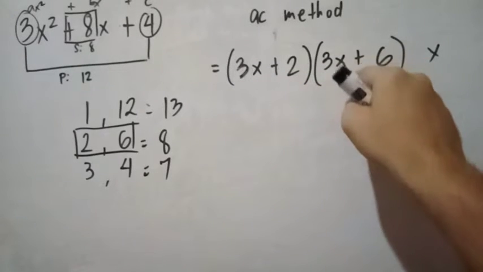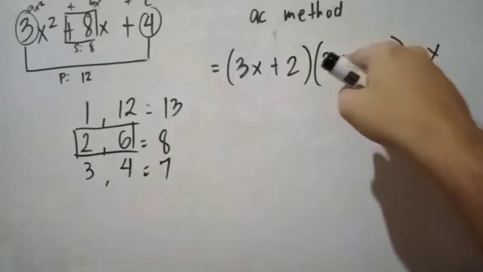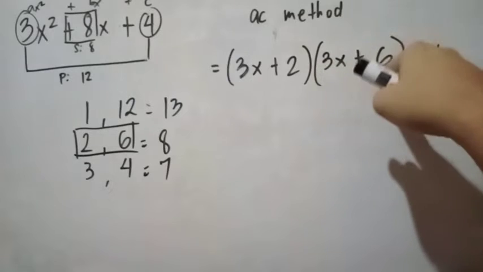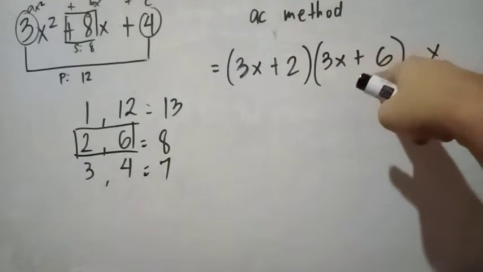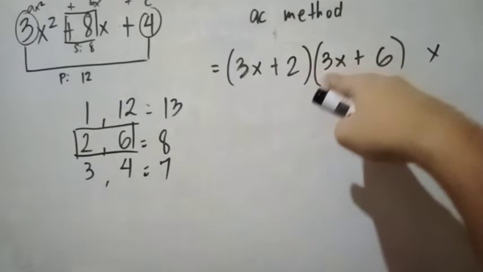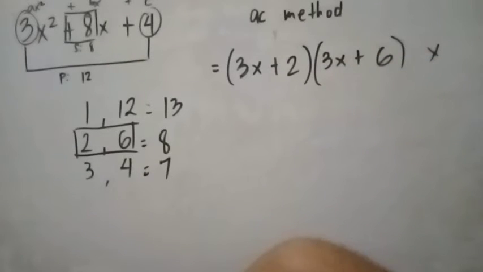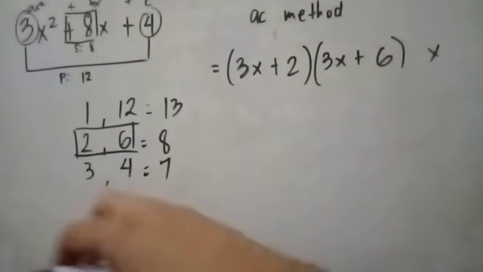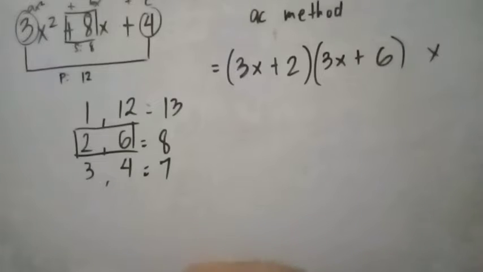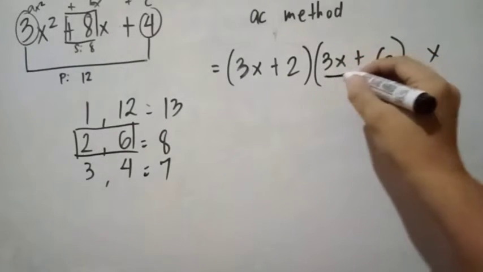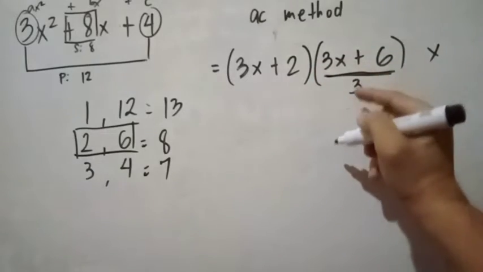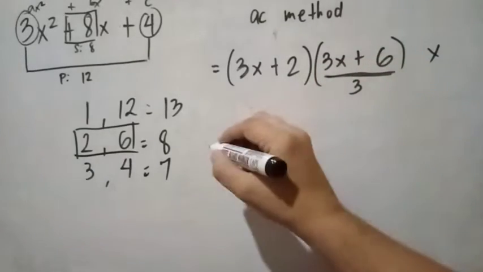Okay? Dito naman, 3x plus 6. So, as you can see, 3 and 6 have common factors greater than 1. And that is 3. Because yung 3 and 6 are both divisible by 3. So, anong gagawin natin sa common factor na 3? Yan ang ipang-divide natin. So, i-divide natin itong binomial na ito by 3.